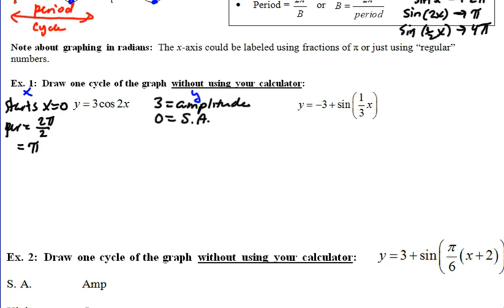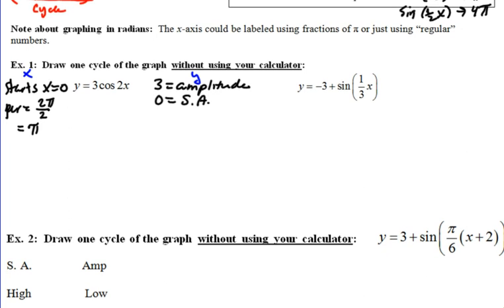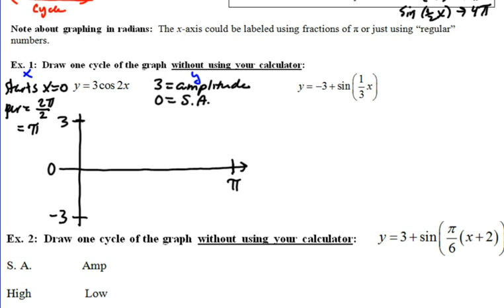If I go to draw this graph, in the y direction it has sinusoidal axis at 0. Its high point is at 3, and its low point is at -3 because the amplitude is 3. One cycle completes in pi units.